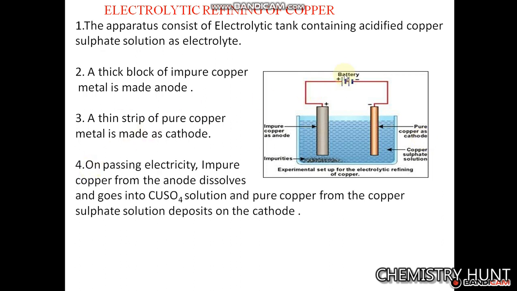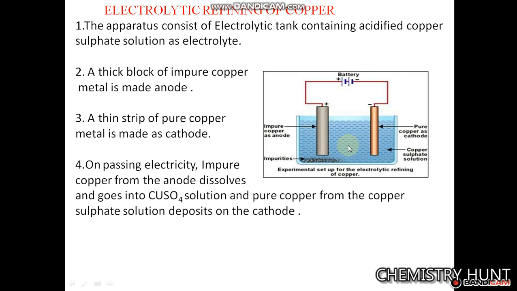Now, when the battery is on, so when the current is on, what happens? The impure copper from the anode dissolves and goes into the copper sulfate solution. So from this impure copper, when the electricity is passed, the copper gets dissolved in the copper sulfate solution, that is in the electrolyte, and pure copper from the copper sulfate solution deposits on the cathode.